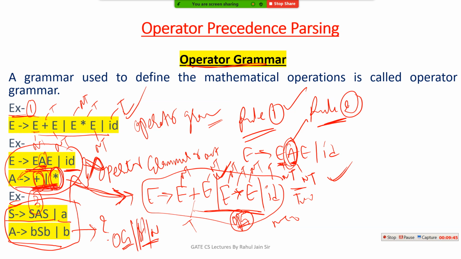Now next, this grammar is not an operator grammar, so can we make this grammar an operator grammar? If yes, then answer me in the comment box what is the correct operator precedence grammar for that. If not, all your answers are correct that it is not an operator grammar. So how to make this grammar an operator grammar, guys?